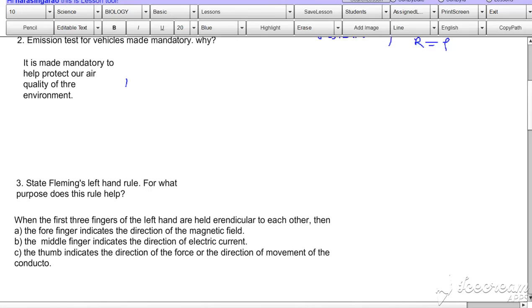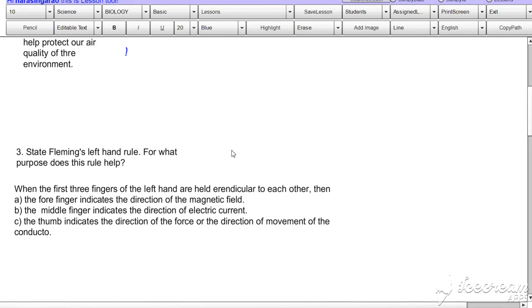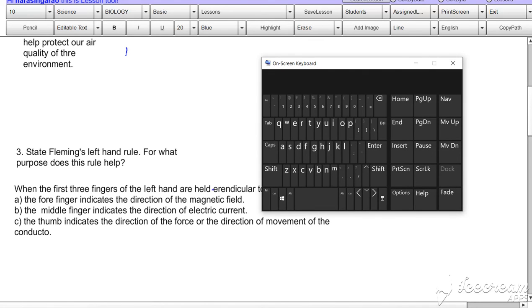Good. Then comes state Fleming's left hand rule. Okay, you have to stretch. Fleming is not around, so now you have our own left hand. You have to stretch three fingers of the left hand perpendicular. The letter P is missing, because my laptop key is having some issues, but I can use the on screen key.